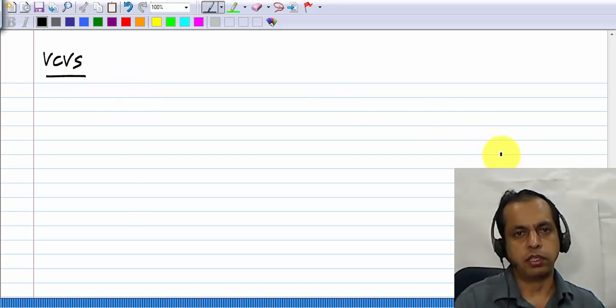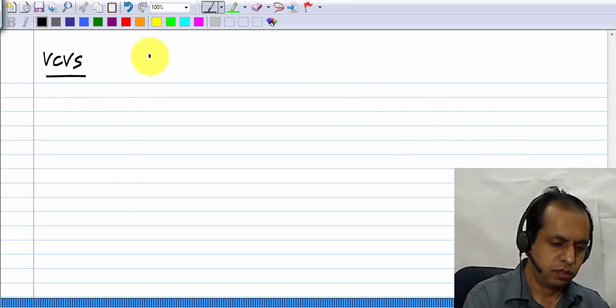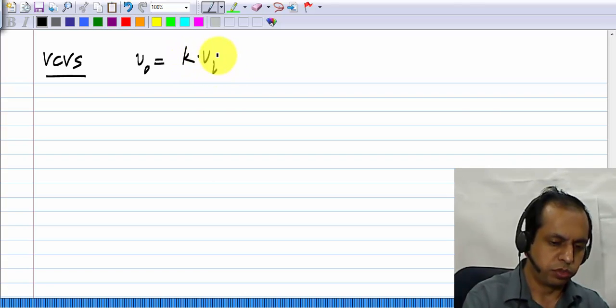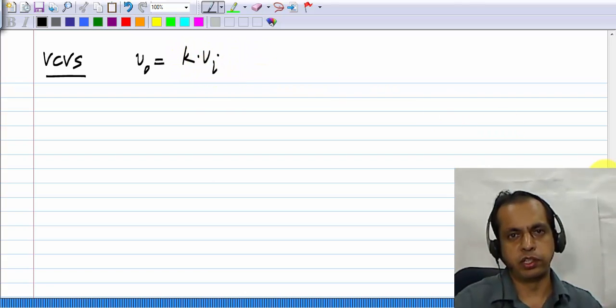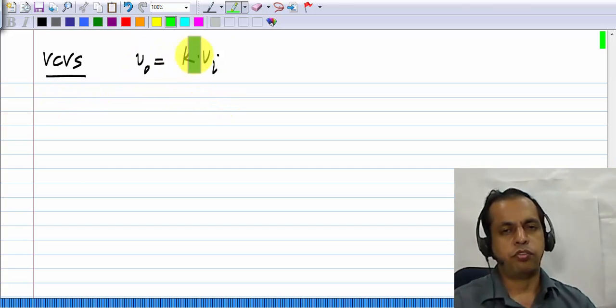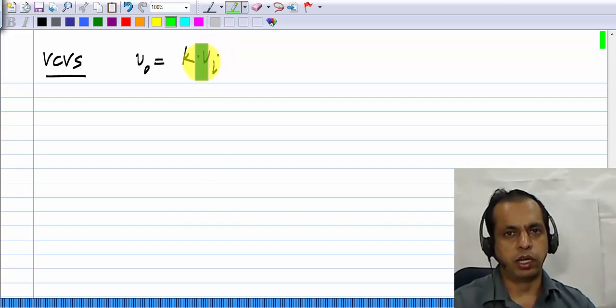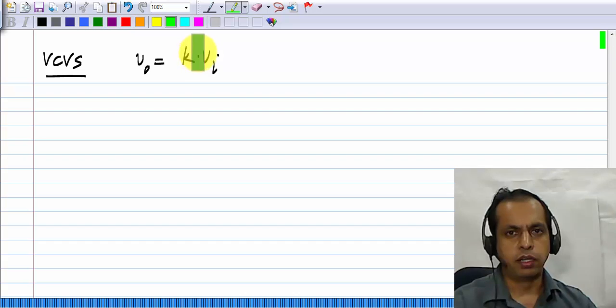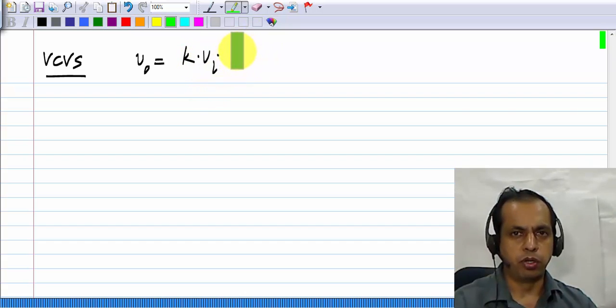So first let's consider the voltage controlled voltage source. The output voltage V0 should be equal to K times the input voltage, where K is some gain. Now for us to realize this using negative feedback, we have to define some error, and based on that error we have to drive the output up or down.